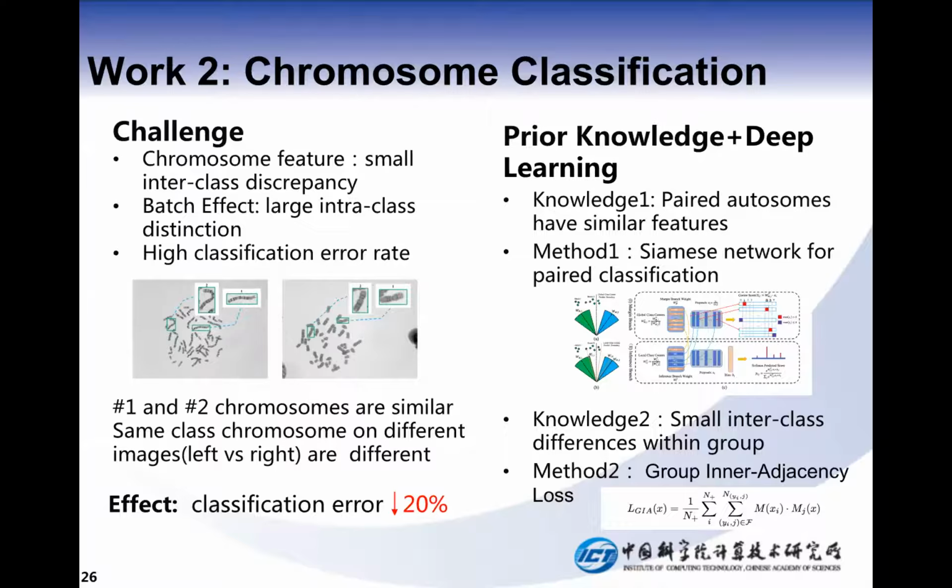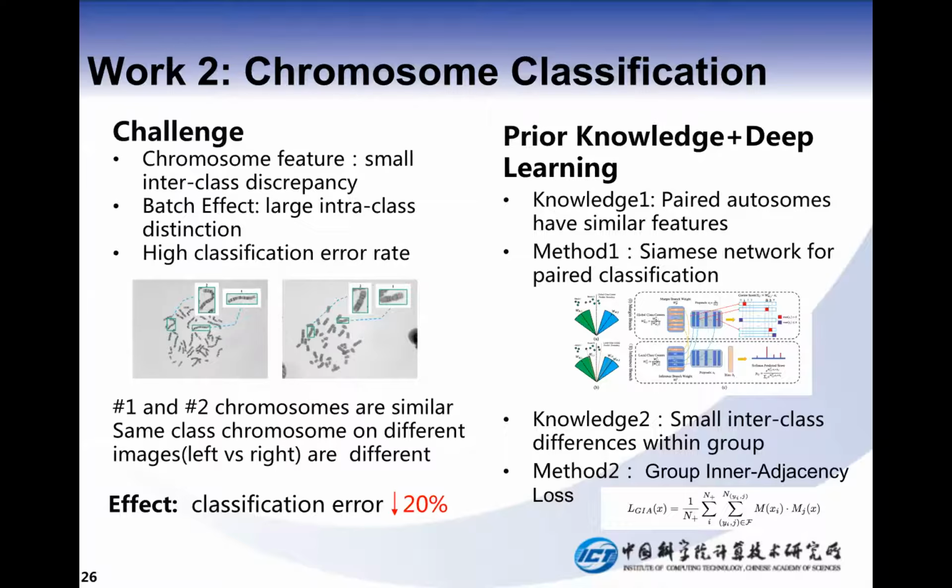And the second knowledge comes from the Denver system, which was proposed when people were just getting to know the chromosome, and they simply divided the chromosomes into 7 groups just according to their features, which means small interclass differences within groups.